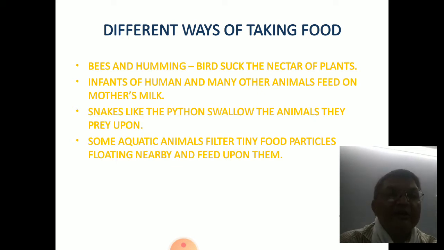Here the word is nectar. Nectar means what? Sweet fruit juices. So these bees and hummingbirds suck the nectar from sweet flowers and get nutrients.